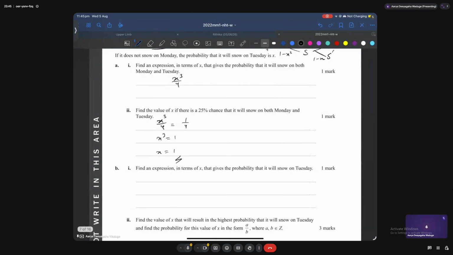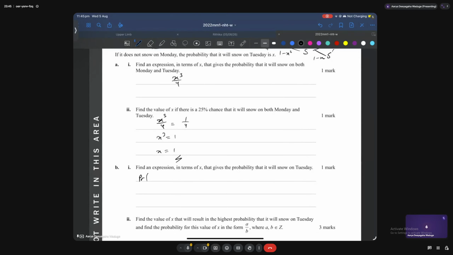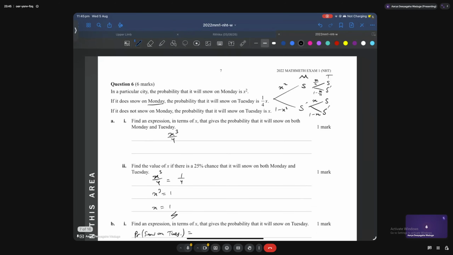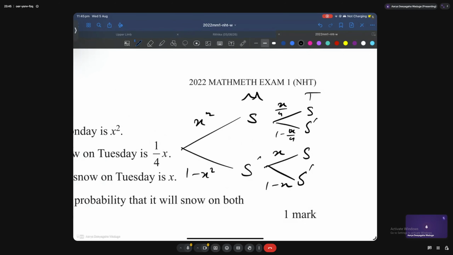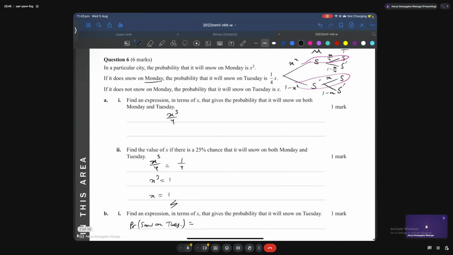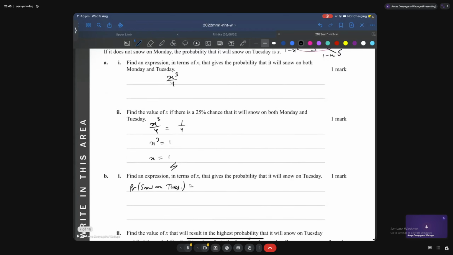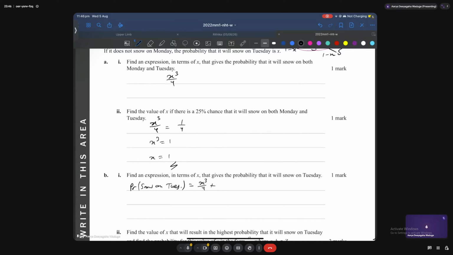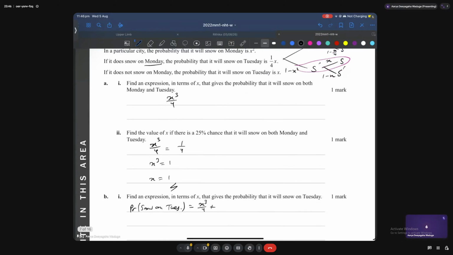Okay, so you could say the probability that it snows on Tuesday is equal to, essentially, either this branch here or this branch here. We have to calculate both. So very simply, the first branch is going to be given by x cubed on 4, as solved from before, plus x times 1 minus x squared.